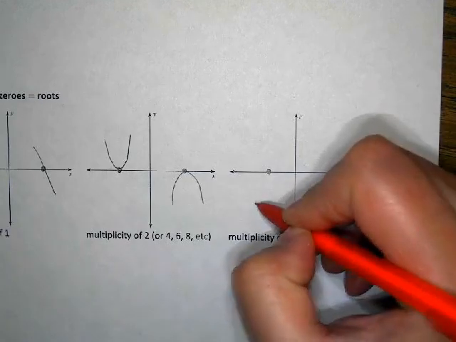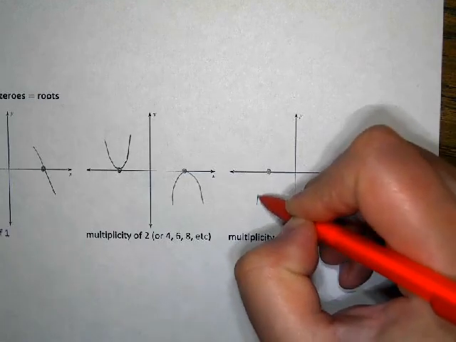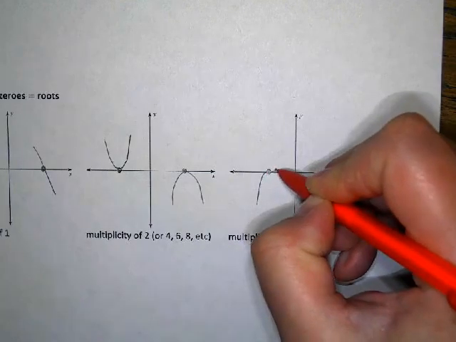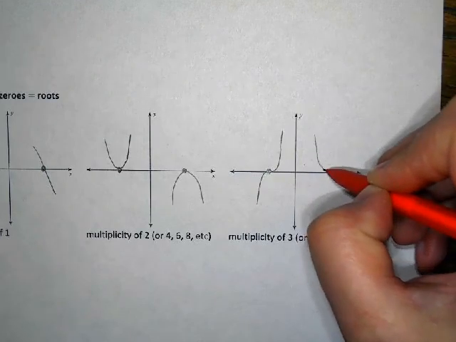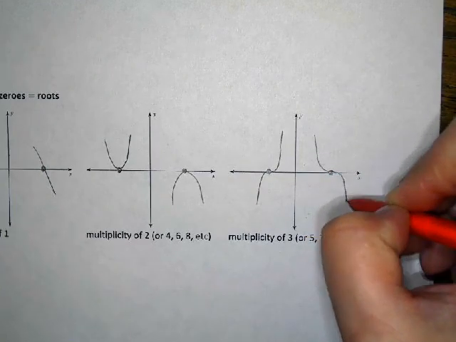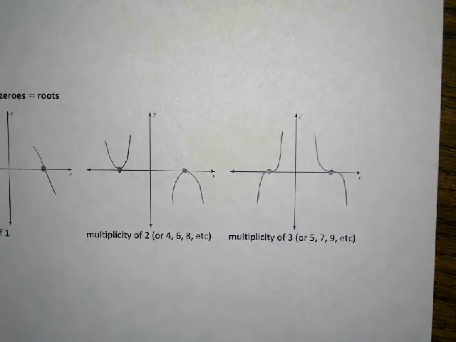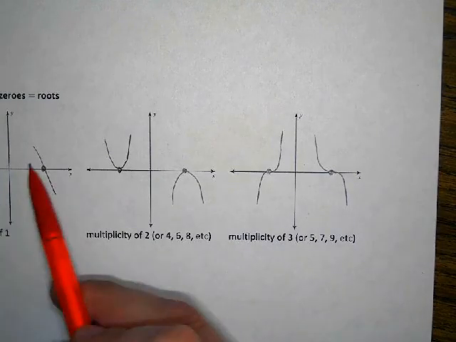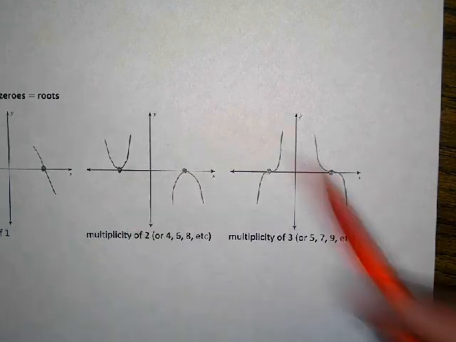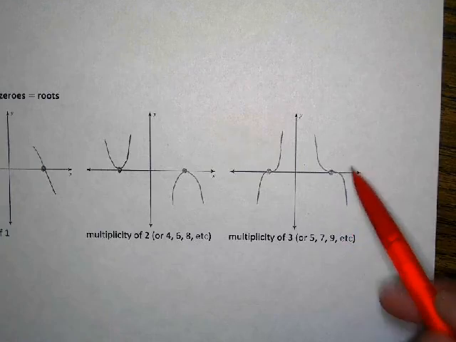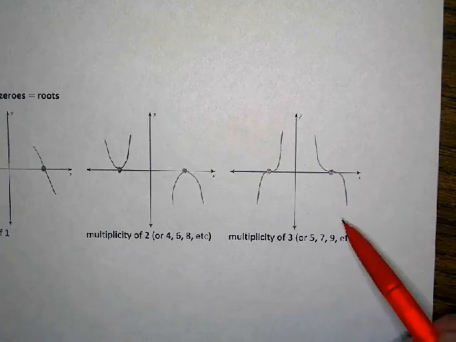So you have two options. It could go up and level off and go up, or it could go down, level off, go down. Those are your two options. So we've got multiplicity of 1 where it goes straight through, multiplicity of 2 where it bounces and doesn't go through at all, or multiplicity of 3 where it goes through but it kind of squiggles as it does it.